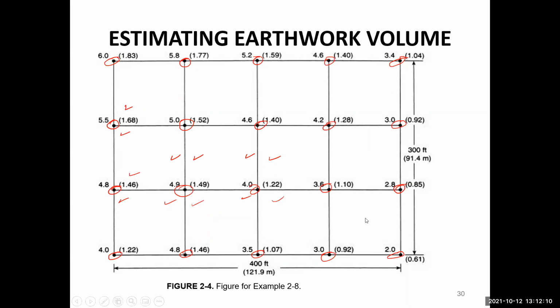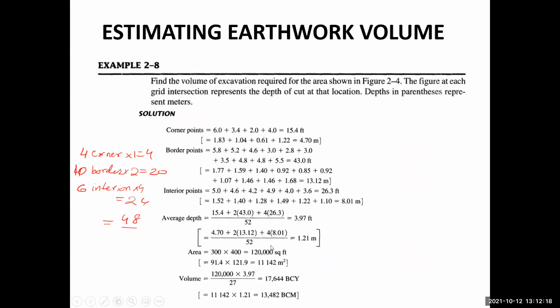So 6 times 4 is 24, 10 times 2 is 20, and 4 times 1 is 4. So 24 plus 20 is 44, plus 4 is 48. I think it should be 48 actually. Maybe there is some mistake over here.